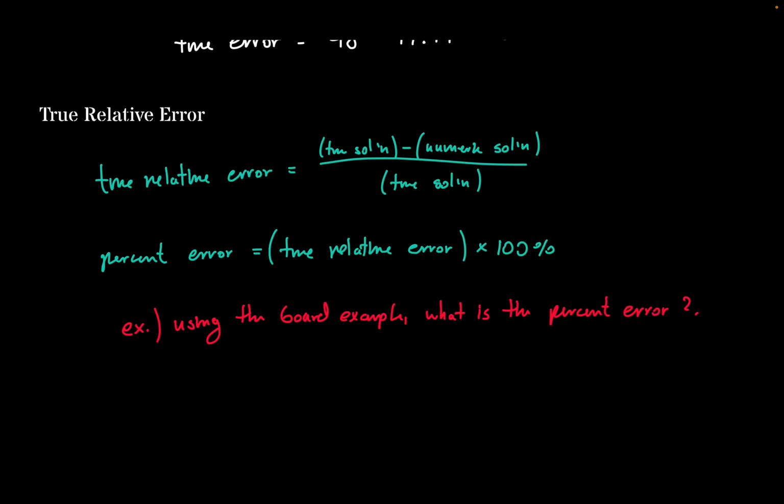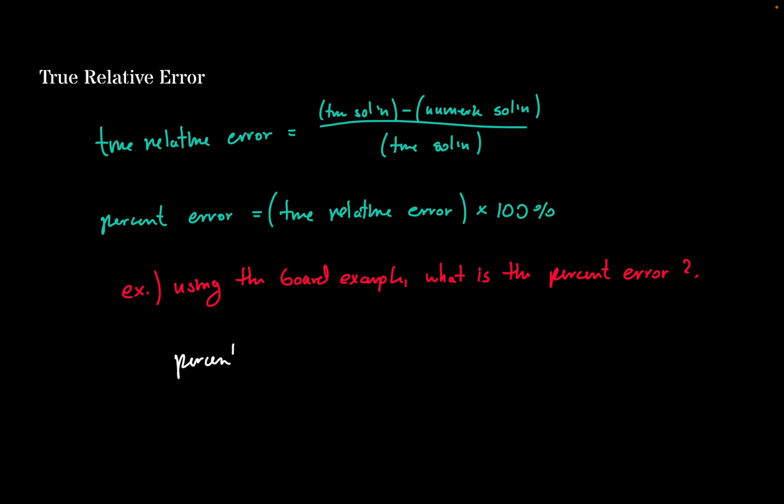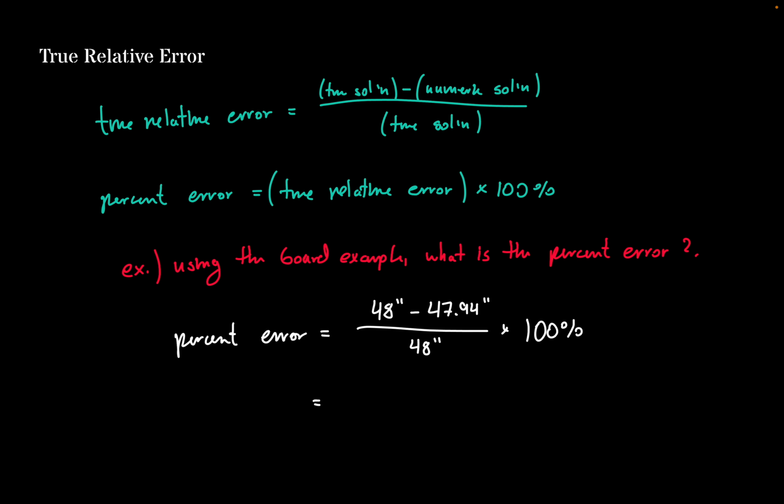Well, to calculate that, what we would do is we could say percent error is going to be equal to our true solution, which we said was 48 inches, minus the numeric, which was 47.94 inches, divided by the true, which is 48 inches, and then we'll multiply this by 100%. And this comes out to be 0.125%. And so that is yet another type of error.